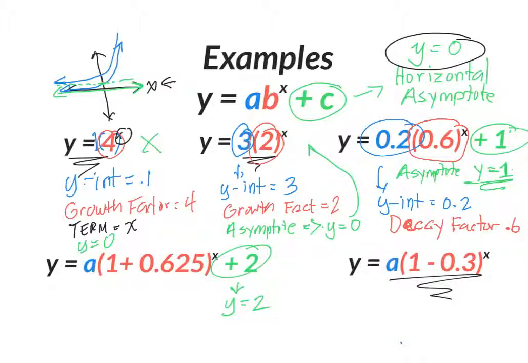All right. And so on our next example, you might see the actual growth factor or decay factor written like this, 1 plus something. Well, if it's 1 plus, then you know that this is growth. So my growth factor on this one is going to be 1.625.